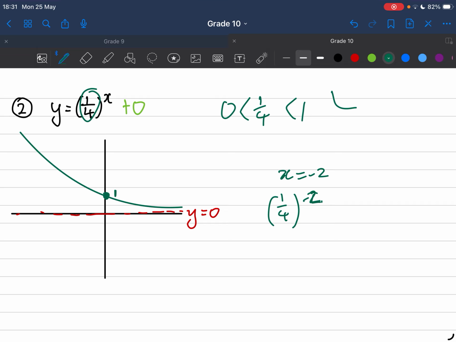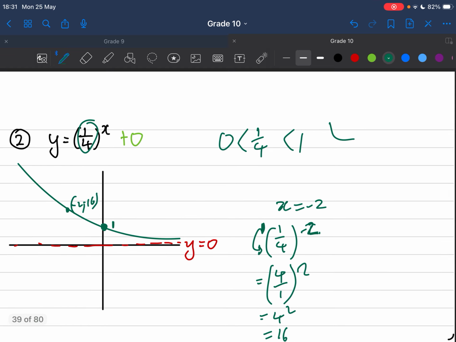If you have a negative exponent, you can make that exponent positive by flipping the entire fraction. So that'll equal 4 over 1 squared, and that's just 4 squared, which is 16. So you'll have negative 2 and 16, and that will be our coordinate, and that's done.